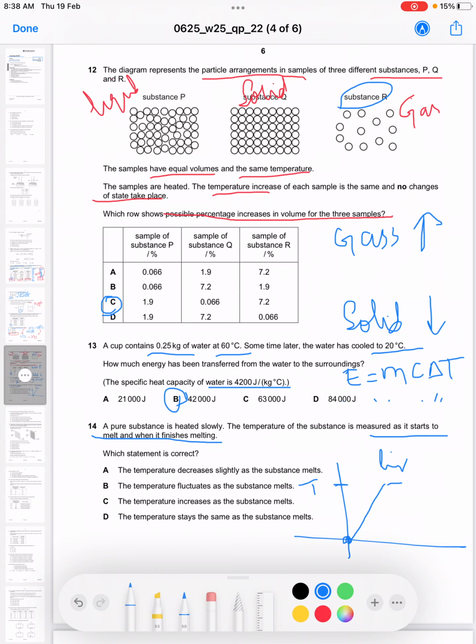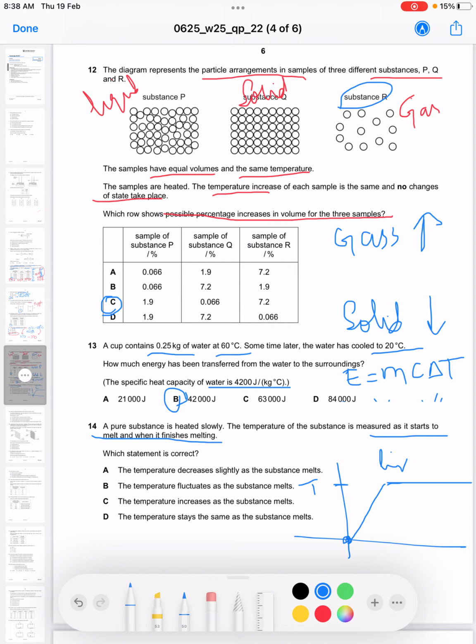Once it starts melting, its temperature remains constant, right? The temperature changes occur only when we are not switching states, meaning solid to liquid, liquid to gas. While the state is changing, our temperature must be constant. So you need to choose that one.